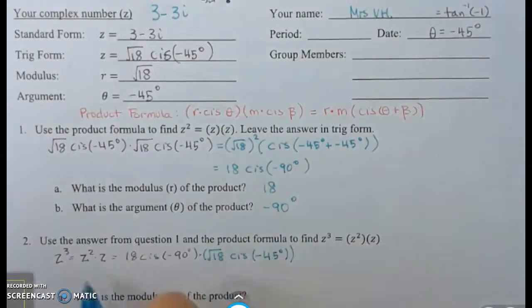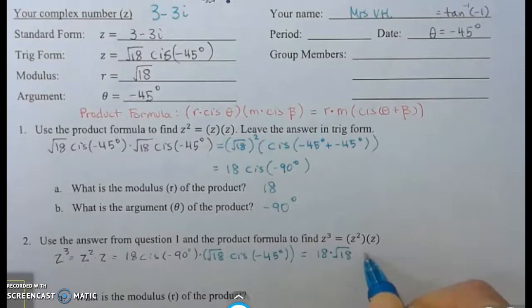Okay, and we're again multiplying, so that just means we need to multiply the modulus with modulus. That's going to be square root 18 multiplied by square root of 18. And cis, we just need to add the arguments, right? So it's -90 plus -45 degrees.